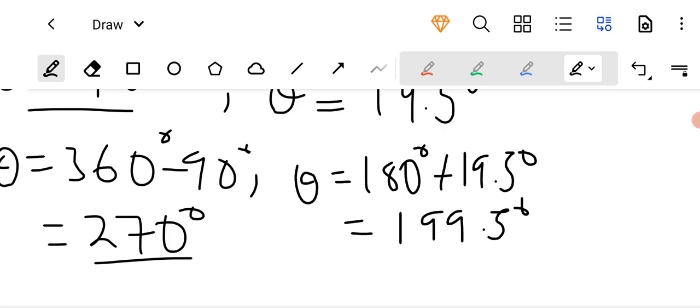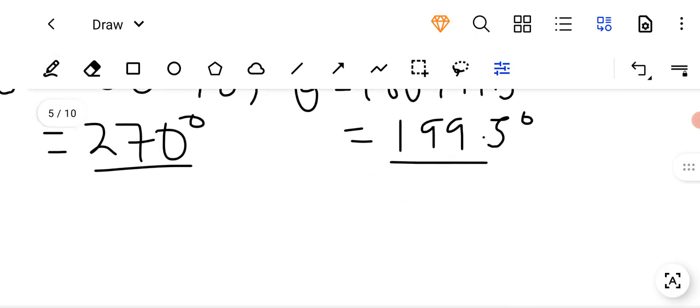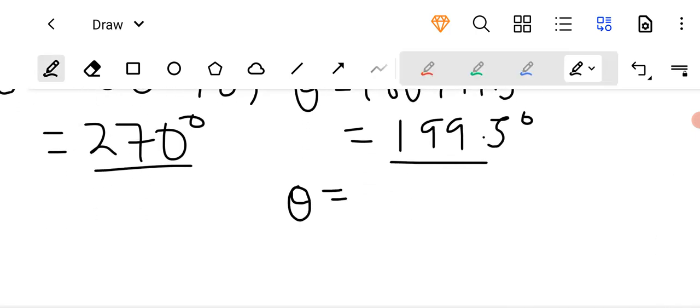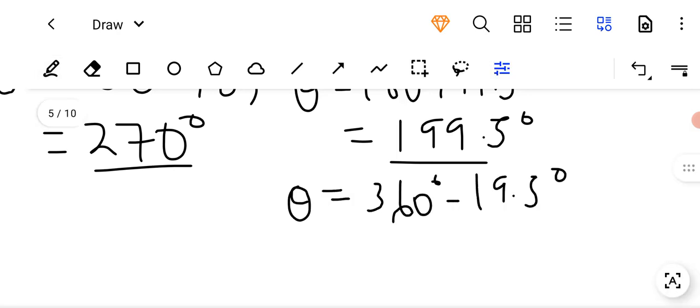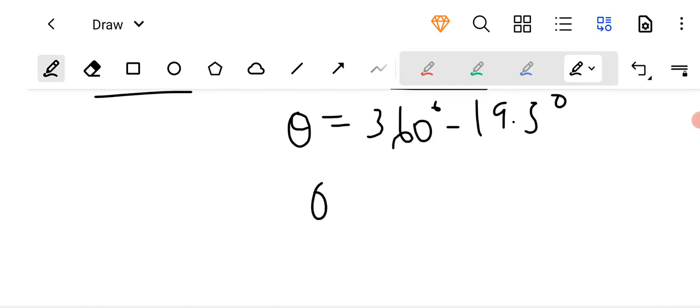That's your first solution. Your next one, theta is equal to 360 degrees minus 19.5 degrees, which is 340.5 degrees.